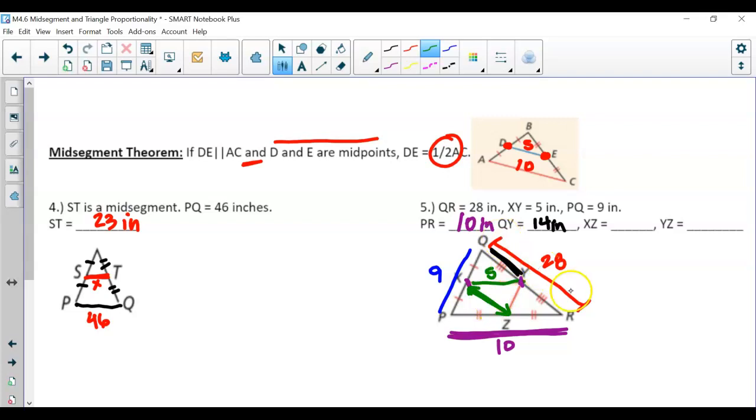XZ is parallel to QR. So if QR is 28, then XZ is half of that, which is 14 inches. So then YZ is here, which is parallel to QP. So if QP is 9, then YZ is half of that, which is 4.5 inches.